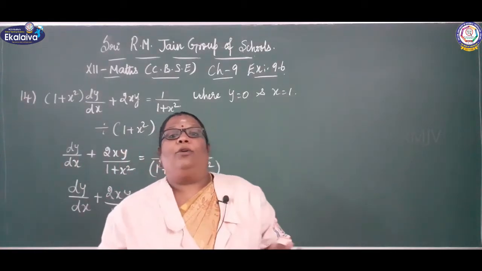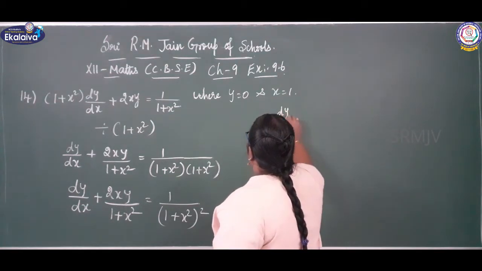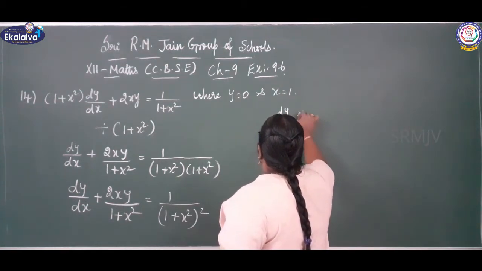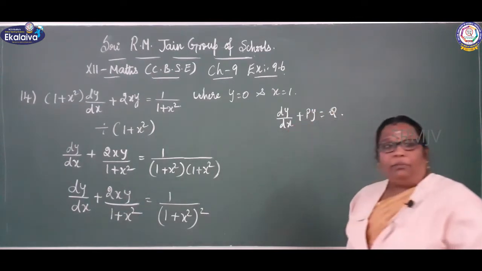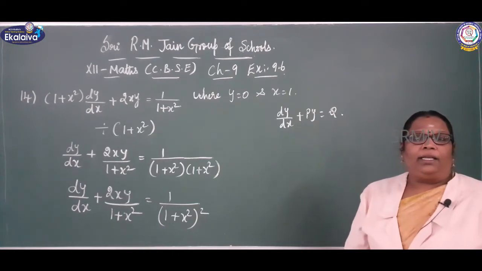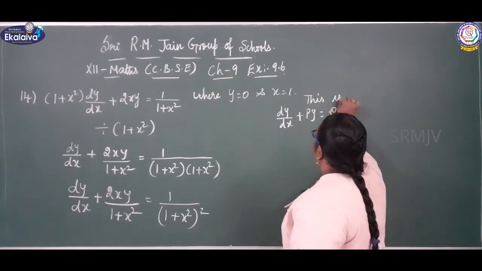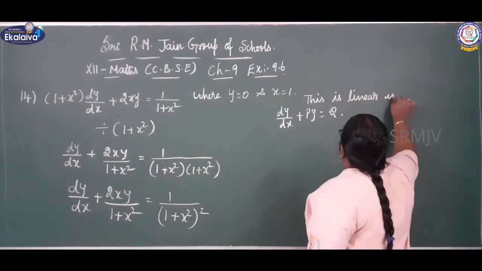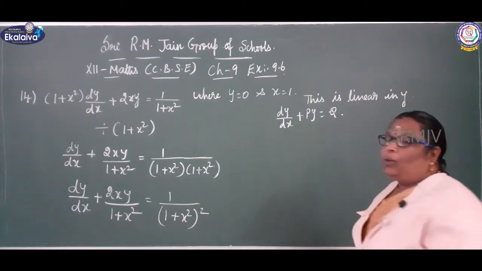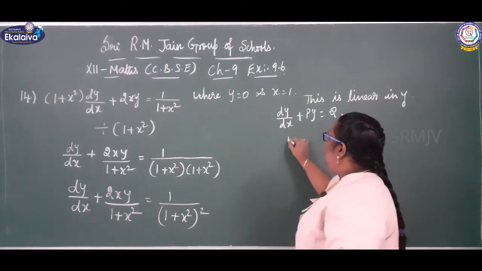Now this is the form of what? dy by dx plus py equal to q. This is linear in y. It is of the form dy by dx plus py equal to q. What is the p value here?